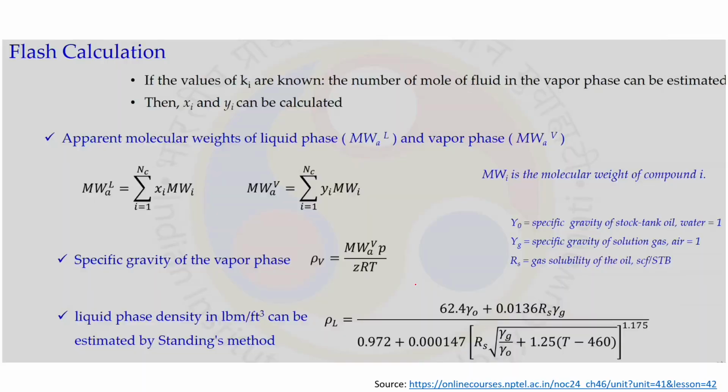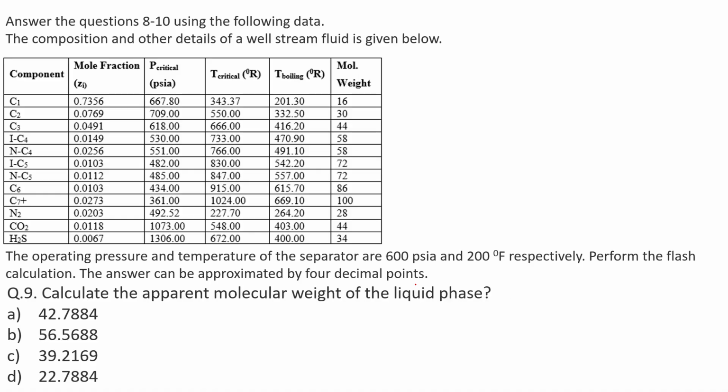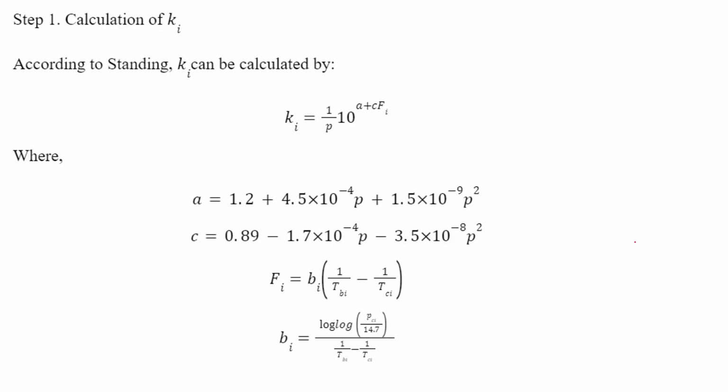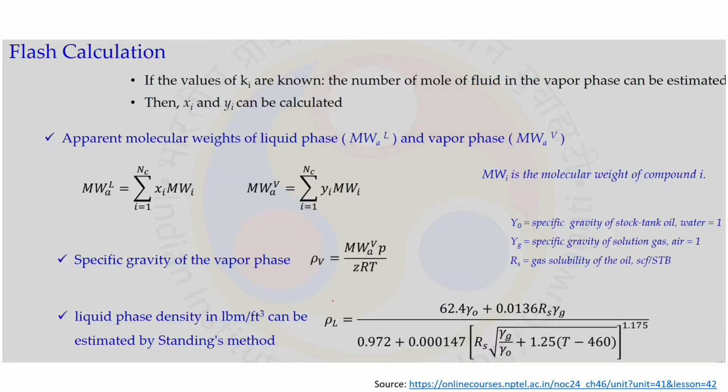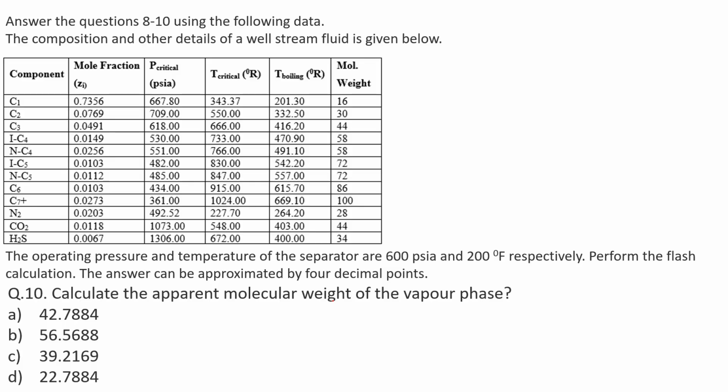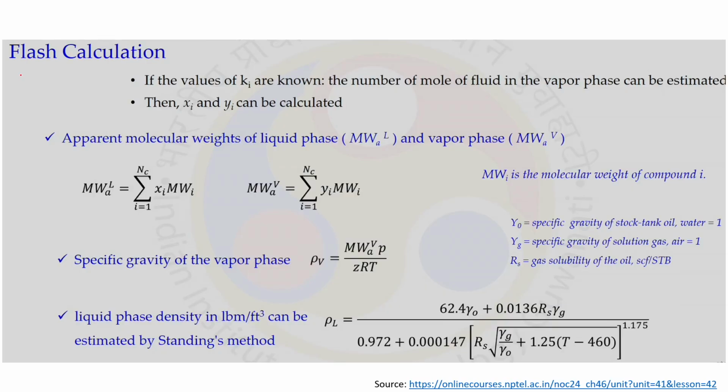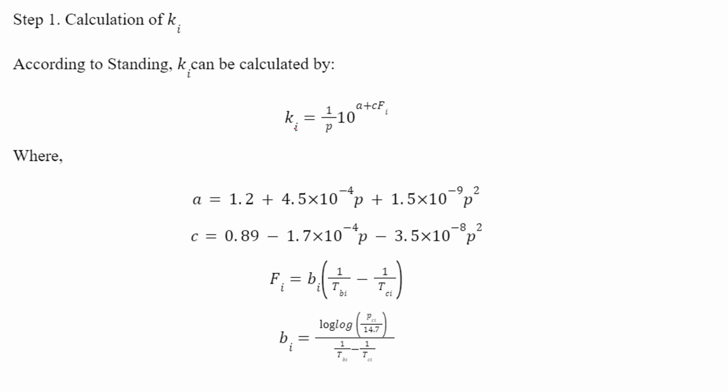The pressure is already known to us: the operating pressure is 600 psi and the temperature is 200 Fahrenheit. So here A and C can be calculated, and Fi can be calculated. This Ki has to be calculated for all the components present in this stream. For all of them we already know the boiling temperature, the critical temperature, and the critical pressure. So from that we will find the Ki values.